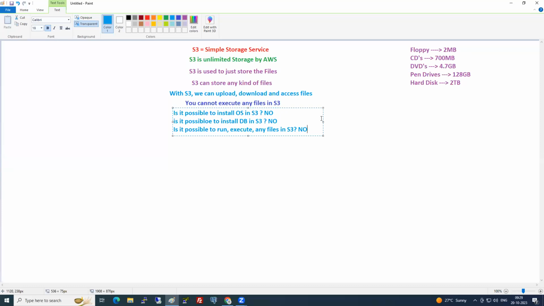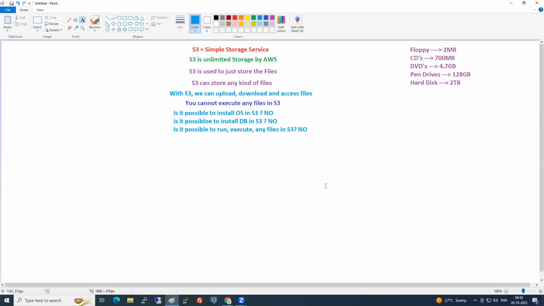There will not be any antivirus concept in S3, because it's just a storage. If you put any nasty thing in your desk, the desk will hold it. Is there any problem with the desk? But when you take it out, that nasty thing will do something to your hand, right? It will be harmful for you only, not for the owner.